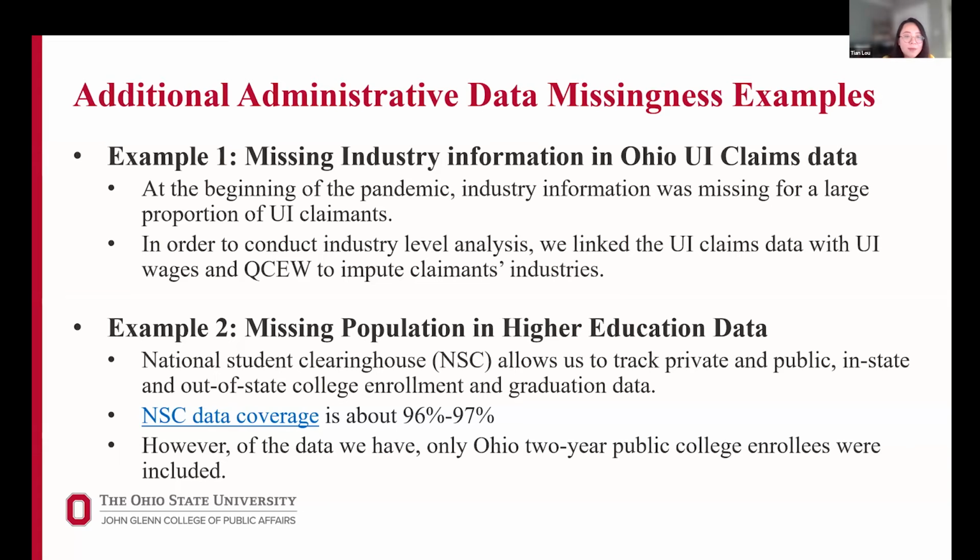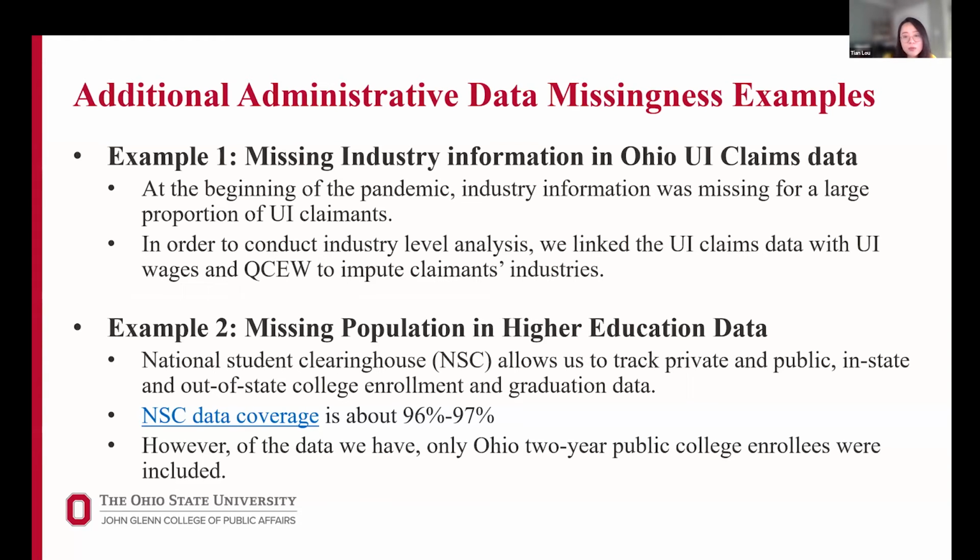And the second example is what we talked about before: what if students transfer to schools that are out of state, or to private schools, if private school information is not part of your state's higher education data set? A good resource is the National Student Clearinghouse data.